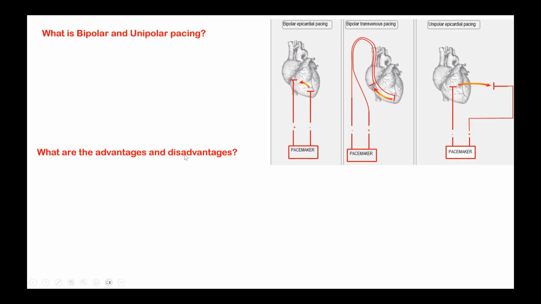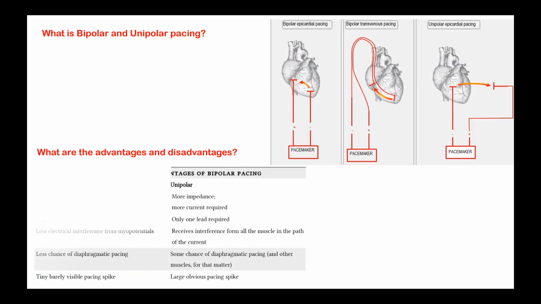So what are the advantages and disadvantages of unipolar and bipolar? Less impedance is required in bipolar, more in unipolar. Less current is used in bipolar and more current is required in unipolar. Bipolar requires two cardiac leads, only one lead in unipolar.